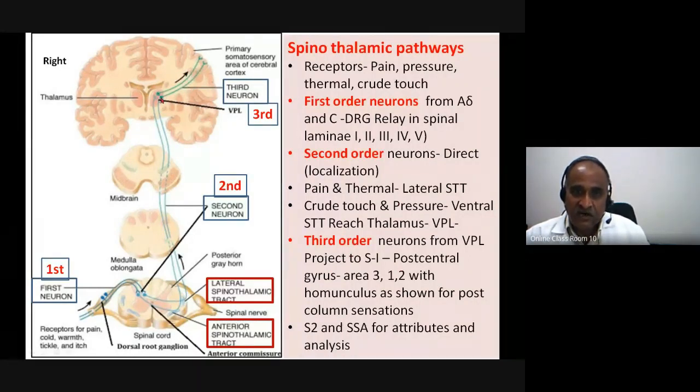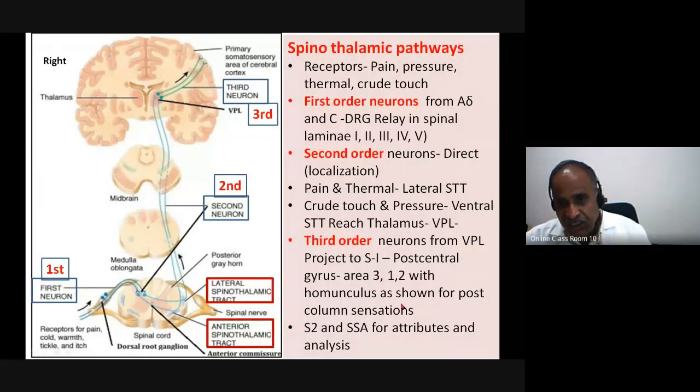This is the third order neuron, and it is projected to S1, the postcentral gyrus of the parietal cortex, also known as Brodmann areas 3, 1, 2, with the homunculus as shown for the posterior column sensations.